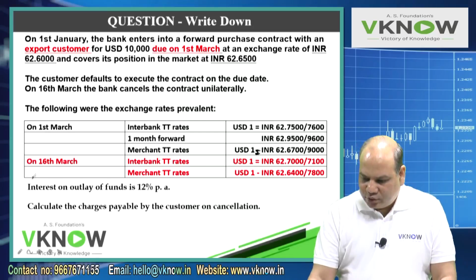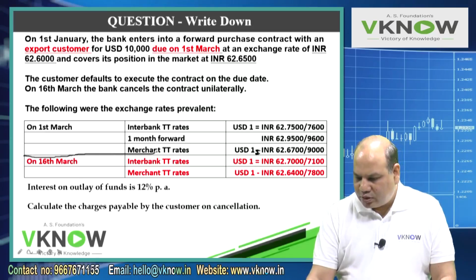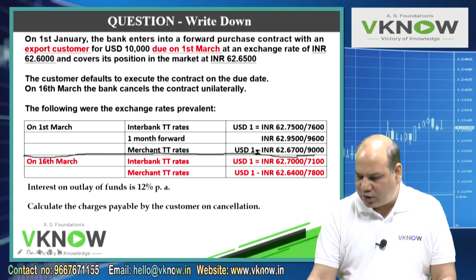Then on 16th March, first draw a line here. So these are the rates in black ink on the screen, the rate on 1st March, the original due date. And on 16th March, the last date up to which we can wait for the customer.